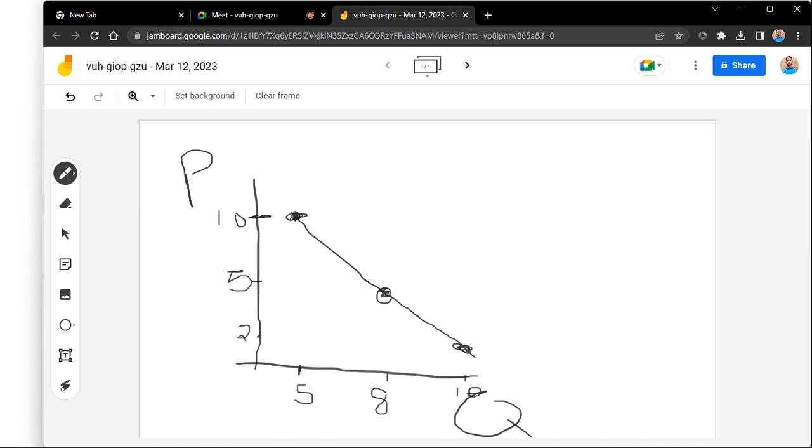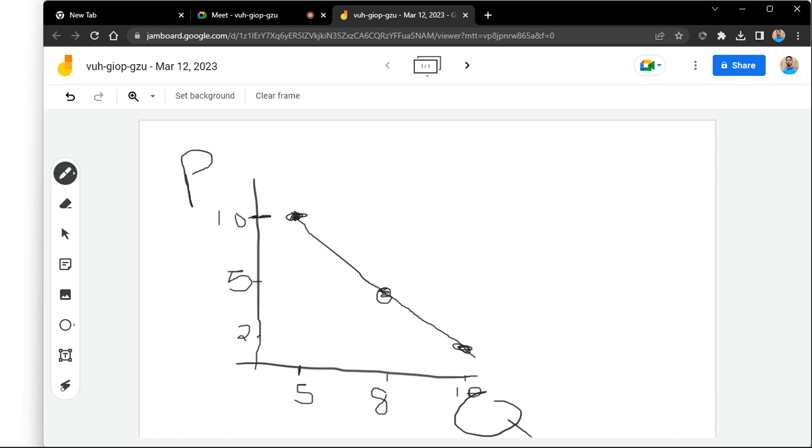But when the price reduces from 10 to 5, he has increased the number of units from 5 to 8.